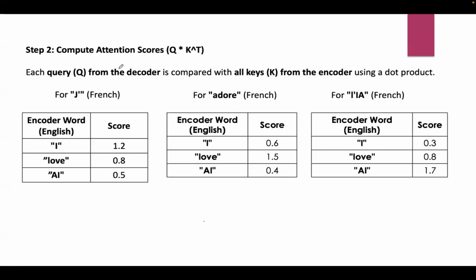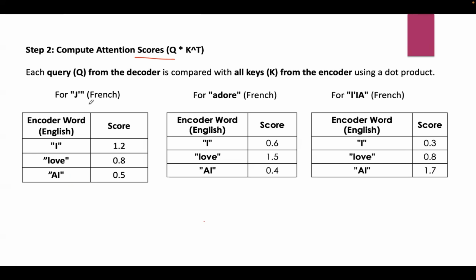Then compute attention scores. Here each query from the decoder, that is for the words in the decoder, like the French words J', adore, and IA, they are compared with all the keys from the encoder.